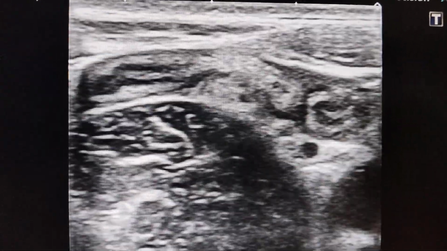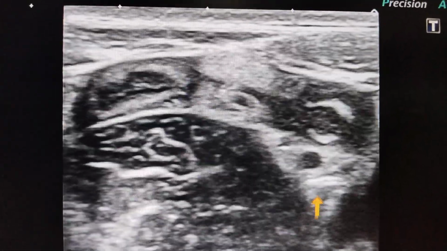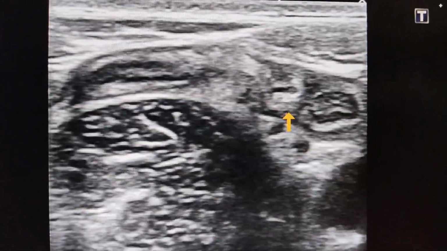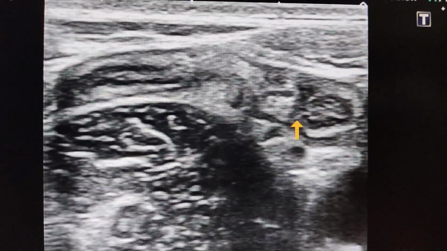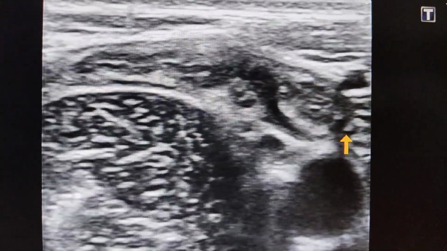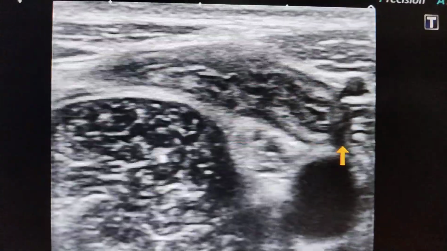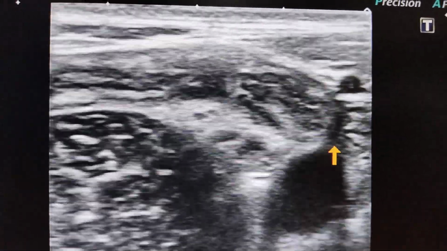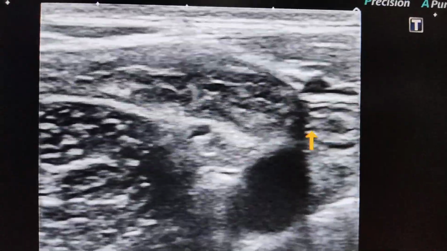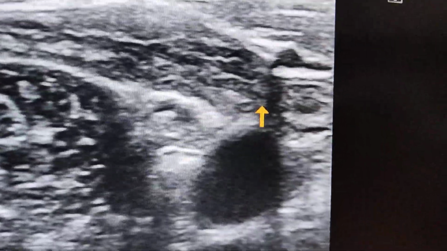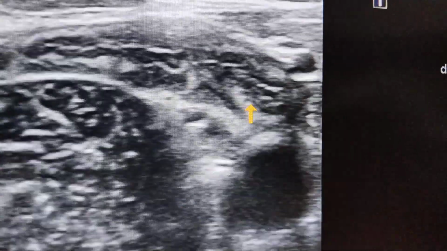And now I am following its distal end. Minimal fluid is also seen, inflammatory fluid. I am now going downward, and this is the distal end of the appendix.